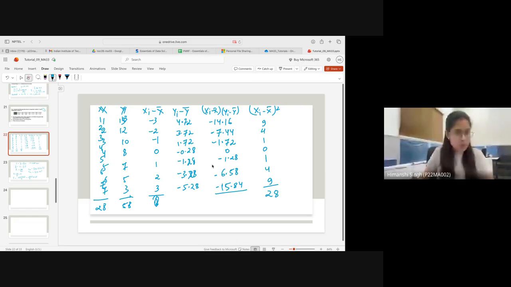These all are negative. So 14.16 plus 7.44 plus 1.72 plus 1.28 plus 6.56 plus 15.84 is 47.02.